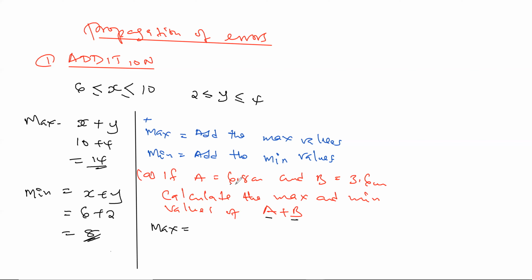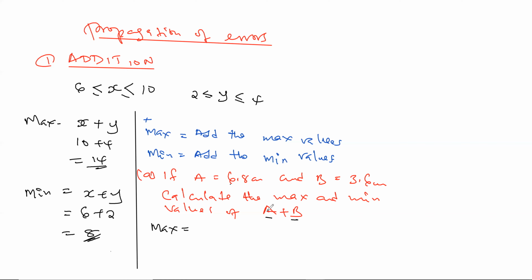So 6.8 has an absolute error of plus or minus 0.05. So the maximum of 6.8 is 6.8 plus 0.05, which is 6.85. Its minimum is 6.75. The maximum of B is 3.65. Its minimum is 3.55.